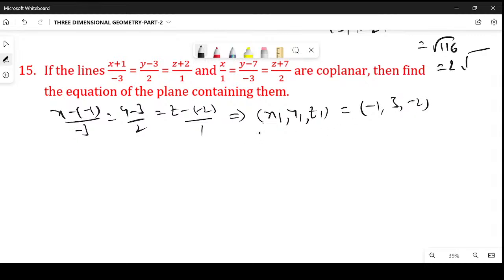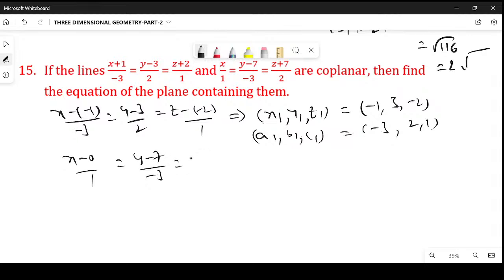And what about the drs of this? A1, B1, C1 equal to minus 3, 2, 1. Now take the second equation: (x minus 0) by 1 equals (y minus 7) by minus 3 equals (z minus of minus 7) by 2.